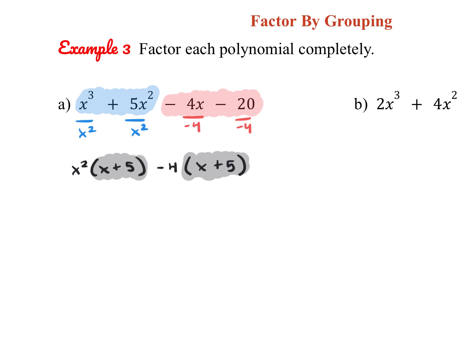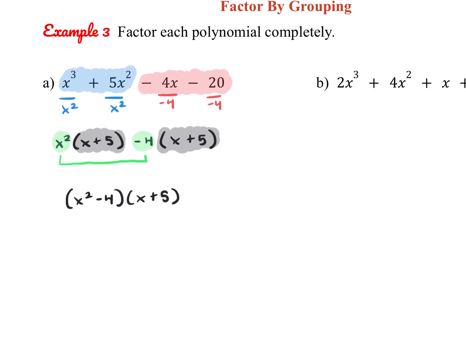You can actually take these 2 terms and combine them into their own factor. So it becomes x squared minus 4 times x plus 5, because each of these terms has to be distributed to x plus 5. Now, sometimes after you do this, you'll be done.